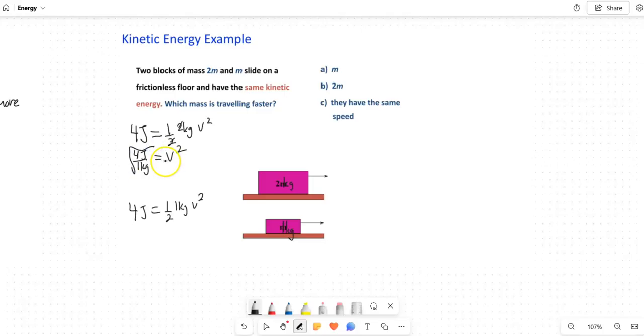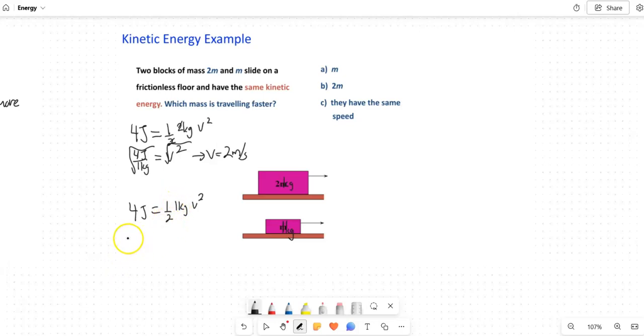Square root both sides. And what you end up getting is this one has a velocity of 2 meters per second. All right, over here, this is 1/2, so that's 1 kilogram divided by 2.